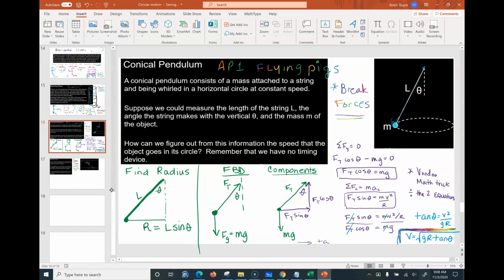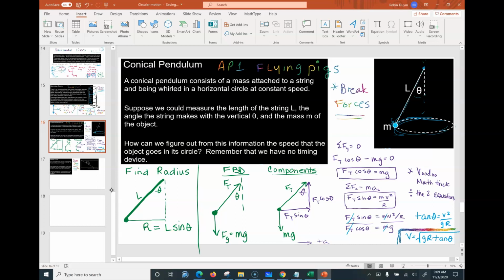So this makes an angle with the vertical, theta. Here's the mass, whether it's a pig, an airplane, a toy, just a pendulum bob, a mass on a string, whatever, you know the length of your string. And it's going to travel in this circle, and you can figure out the speed that it's going to spin around.